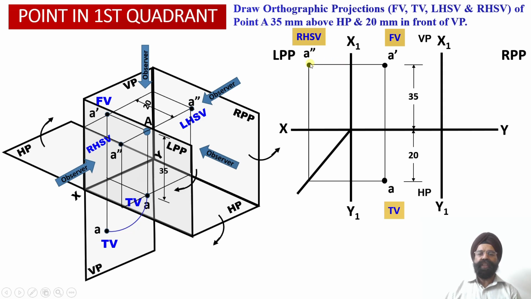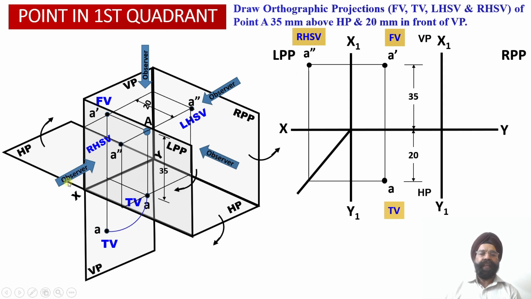So this distance of 20 millimeter from the vertical plane is what we have obtained in the profile view projection. This distance happens to be 35 millimeter from the horizontal plane, while this distance happens to be 20 millimeter from the vertical plane.